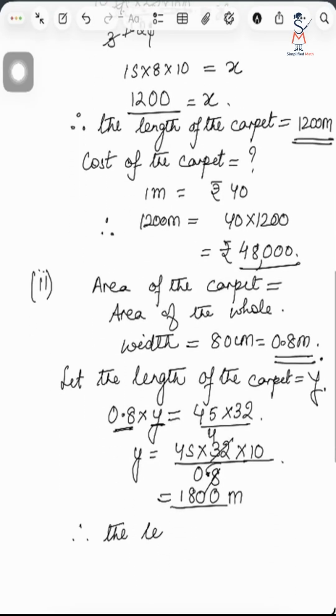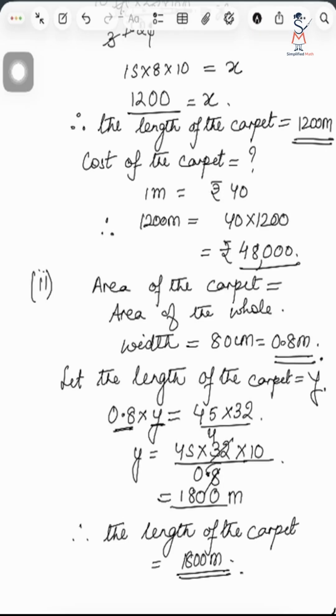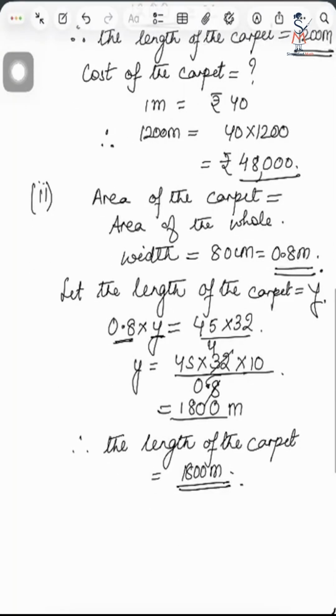So what is the length of the carpet required to cover it? It is 1800 meter. We know that the width of the carpet does not change, only the length keeps on changing. However much length you want, you can take. The width will remain the same. So the cost, we know the cost of this carpet is rupees 25 per meter.